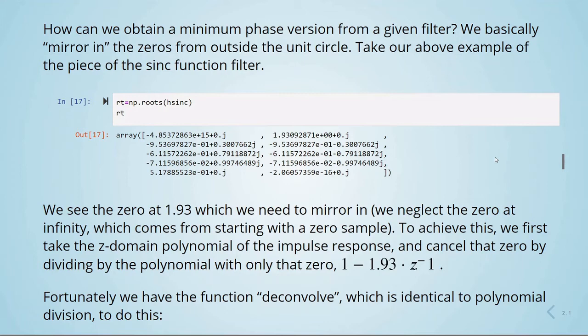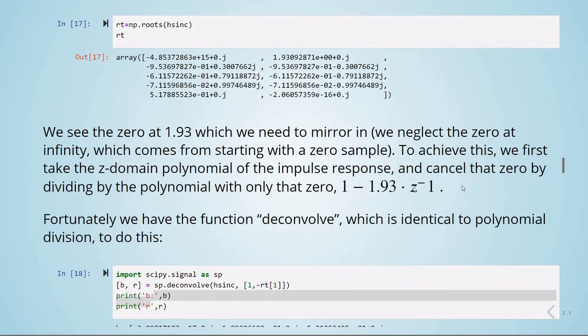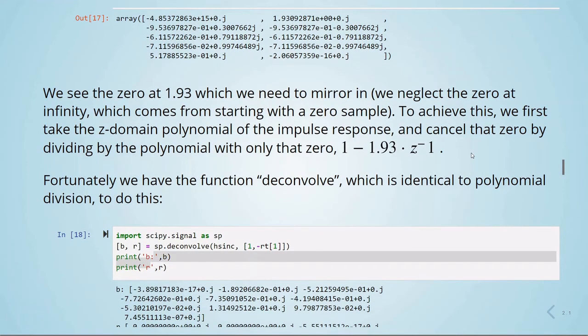To achieve this, we first take the z-domain polynomial of the impulse response and cancel that zero by dividing by the polynomial with only that zero, 1 minus 1.93 times z to the power of minus 1. Fortunately, we have the function deconvolve, which is identical to polynomial division.